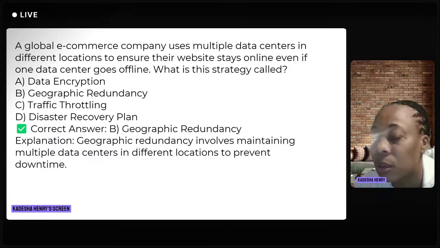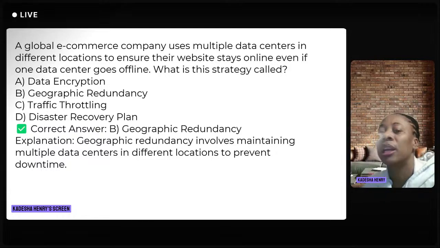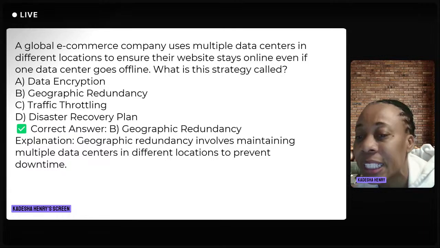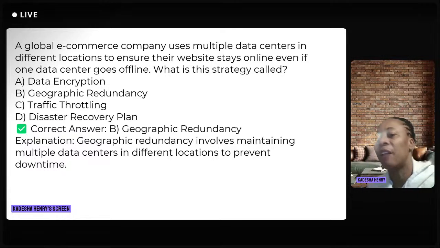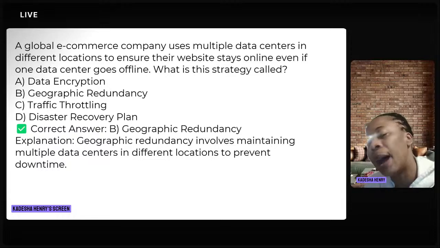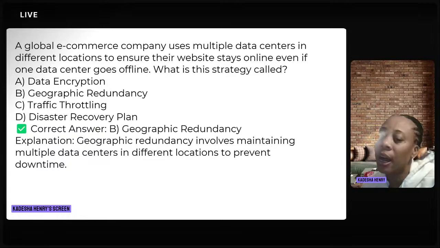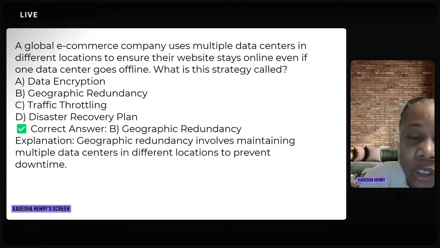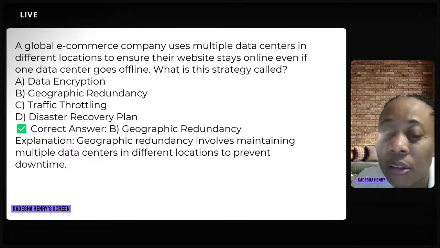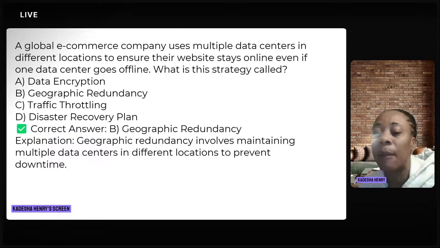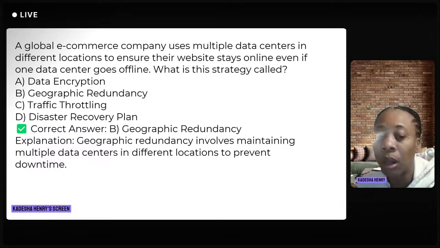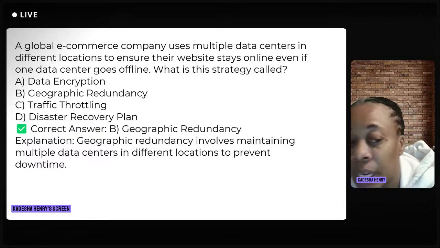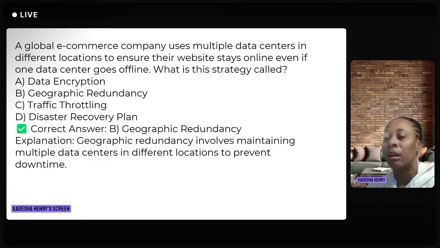It just happens to come up in this multiple choice. It is best to have your data centers in different locations, far apart, so if one is damaged, another can pick up and the business continues. Geographical redundancy involves maintaining multiple data centers in different locations to prevent downtime.